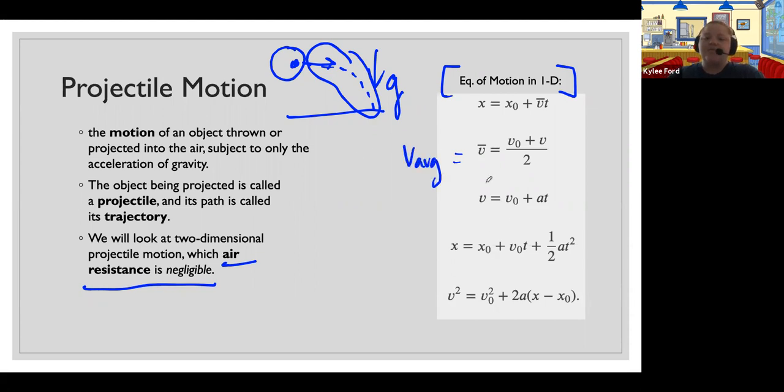We have our velocity with respect to time, we can find it. We have our position, and another velocity. So we've got quite a few equations here to consider. But now what we're doing is taking these equations and converting them into 2 dimensions.